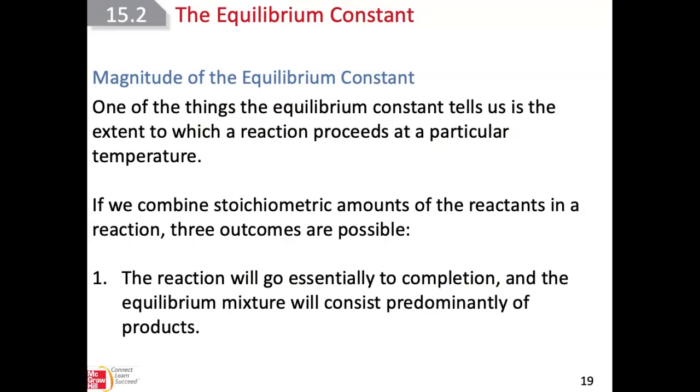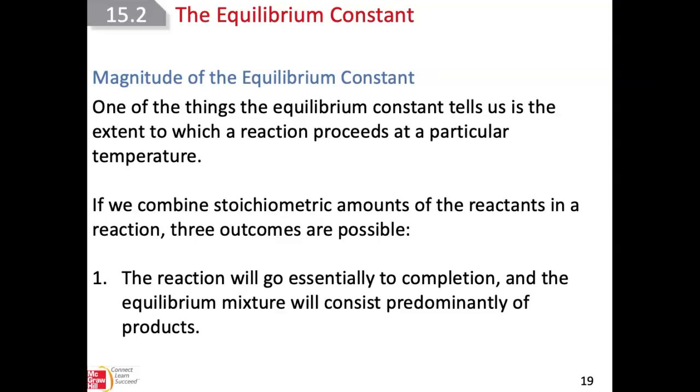One of the things the equilibrium constant tells us, as I was telling you, is the extent to which a reaction proceeds at a particular temperature. So you can look at the value of the equilibrium constant, and there are three outcomes that you can expect. The reaction may go essentially to completion, so at equilibrium the mixture will consist predominantly of the product.